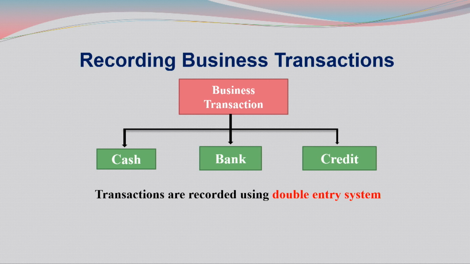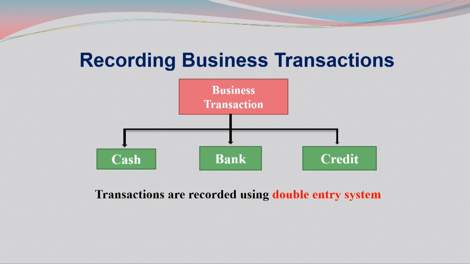As we have seen in lesson 1 and 2 of Unit 10, business transaction involves inflows and outflows of money and can be cash transaction, bank transaction, or credit transaction.